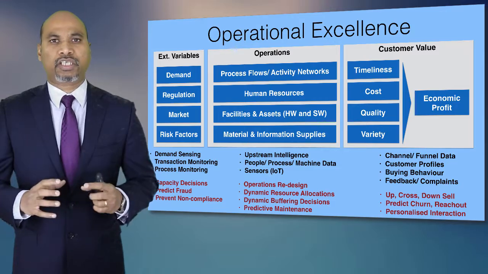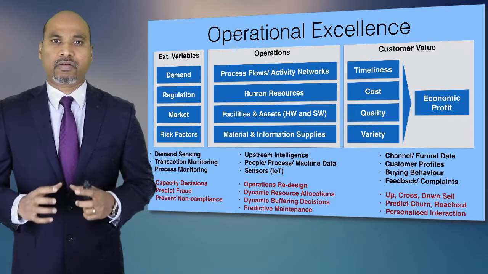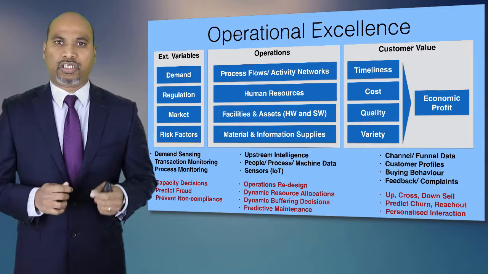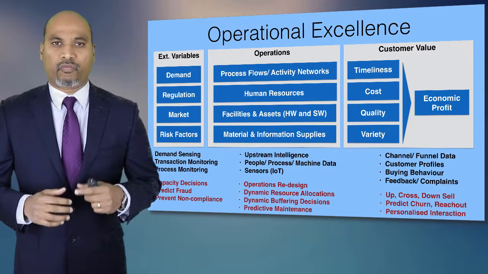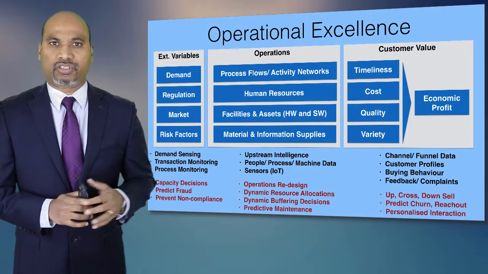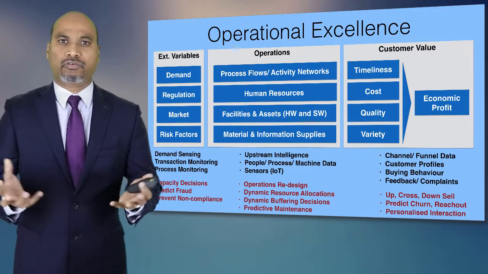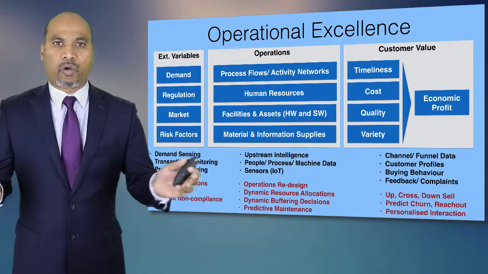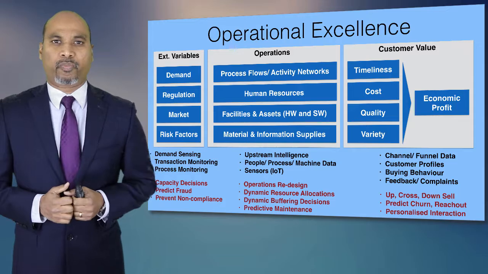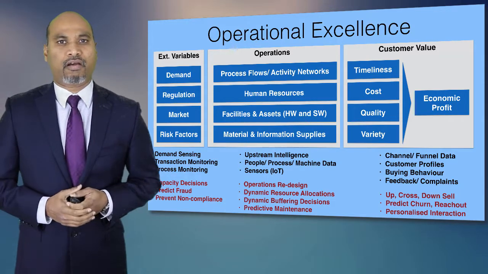But if you design and keep it static, that isn't going to work, because the external factors are dynamic, and therefore you need to keep on changing the operations to respond to the dynamic changes outside. And so this is how you gather the data from all sides and make dynamic decisions during the operations, much similar to the car example.